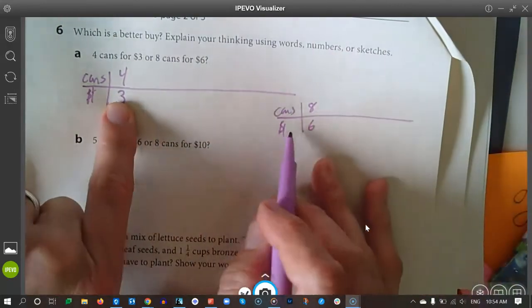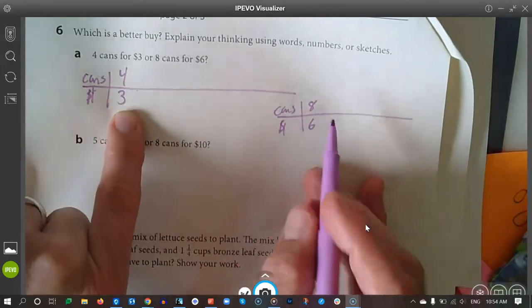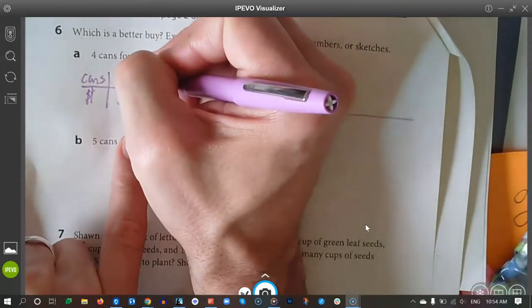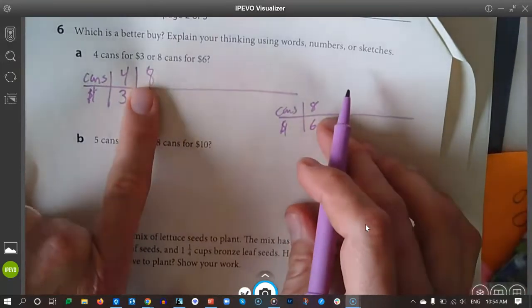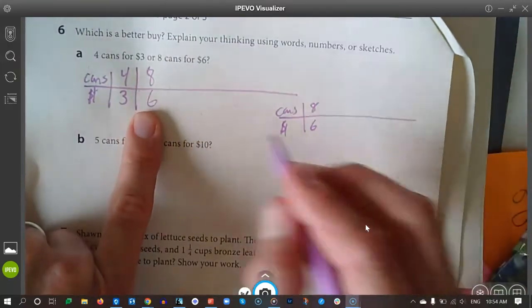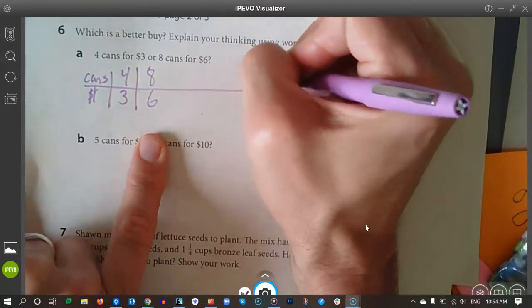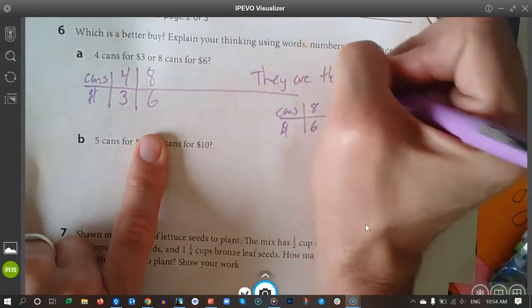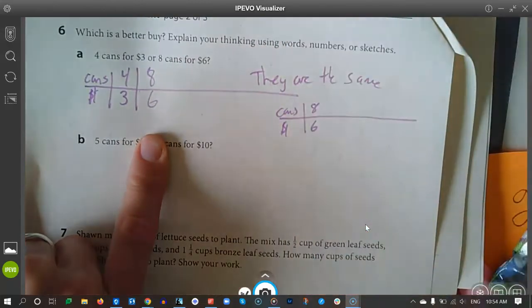I want to compare. I either need to get the 3 to a 6 or the 4 to an 8. I can do both by just multiplying by 2. 8, 6. So now I compare. I get 8 cans for $6. So they are the same. Not one of them is a better deal.